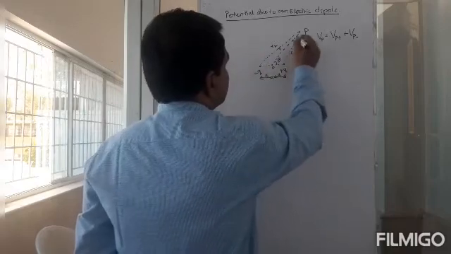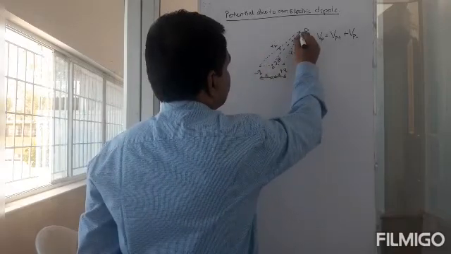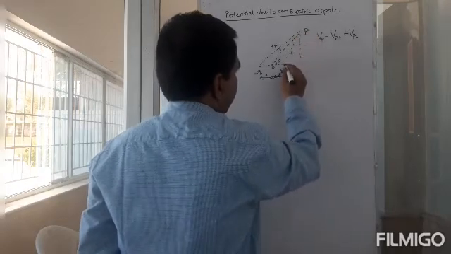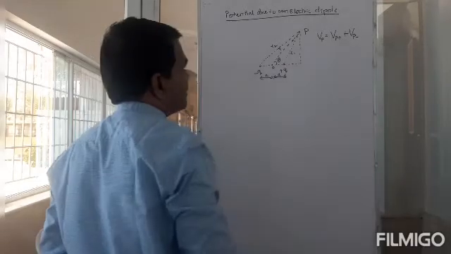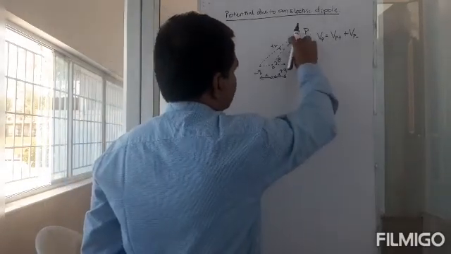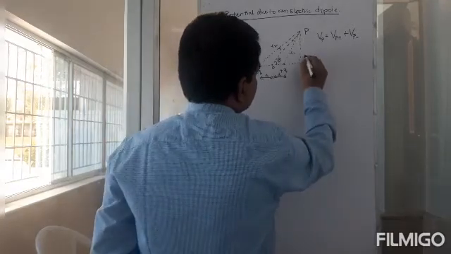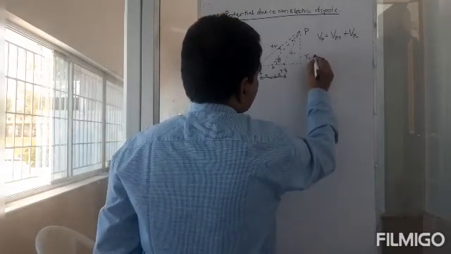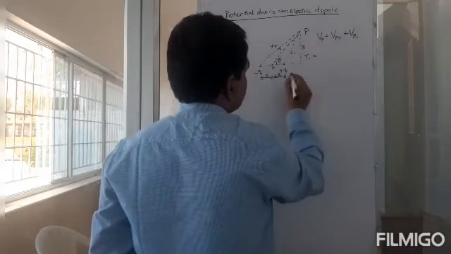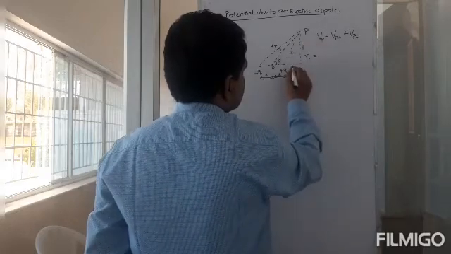You see, if I draw a right angle triangle here, what is r1? r1 is the hypotenuse, with this distance y and this distance x.